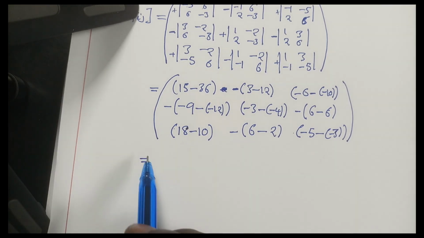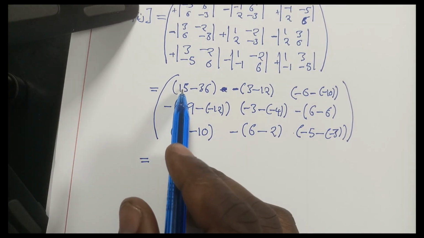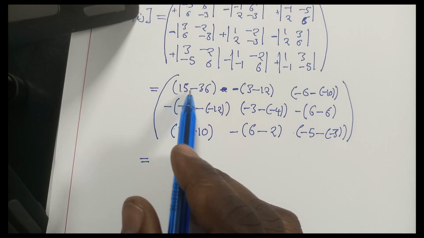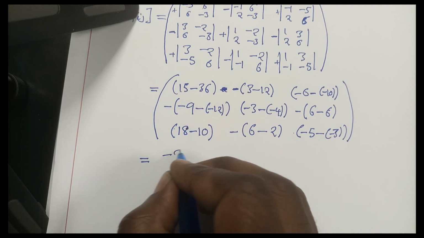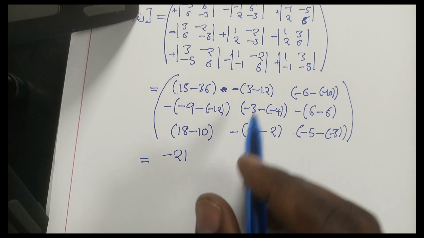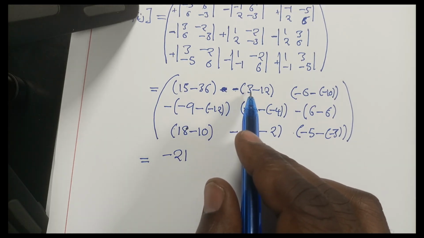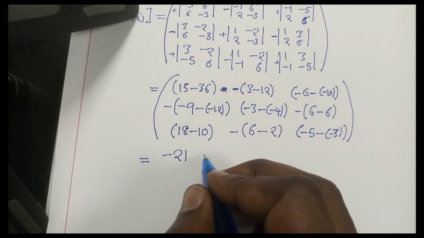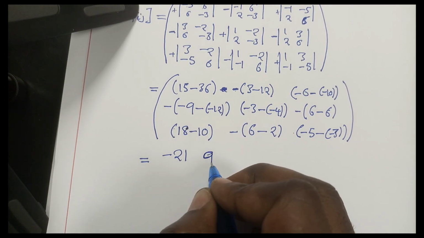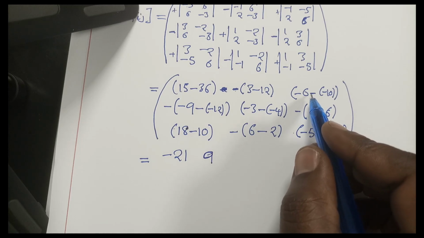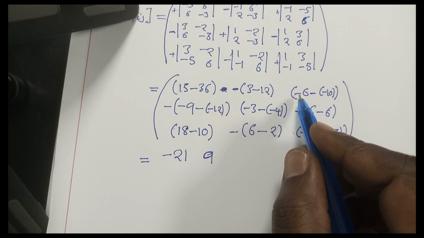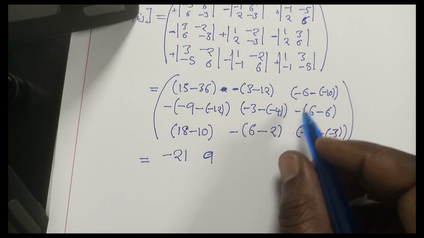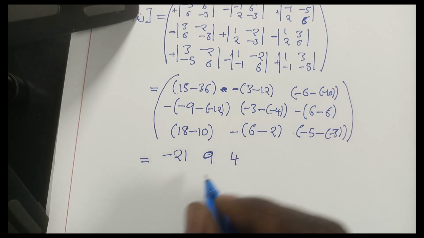Just to simplify. So you're simplifying 15 minus 36, you get negative 21. Negative 3 minus 12, negative 9 times this negative, you get positive 9. Then negative times negative positive, so negative 6 plus 10, you get a positive 4.